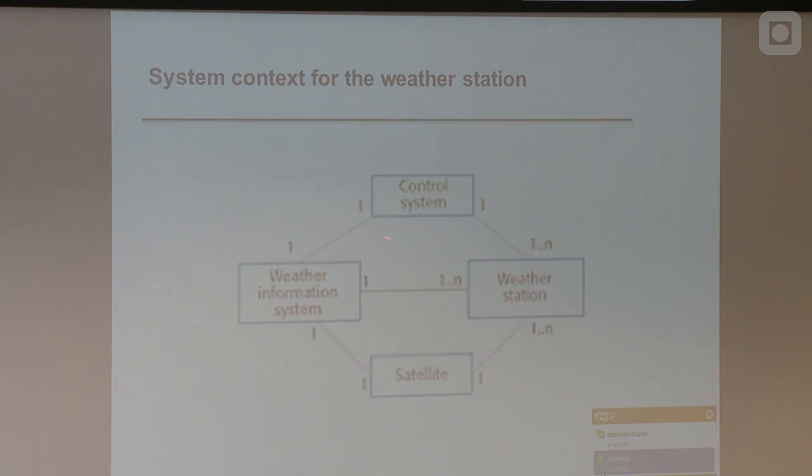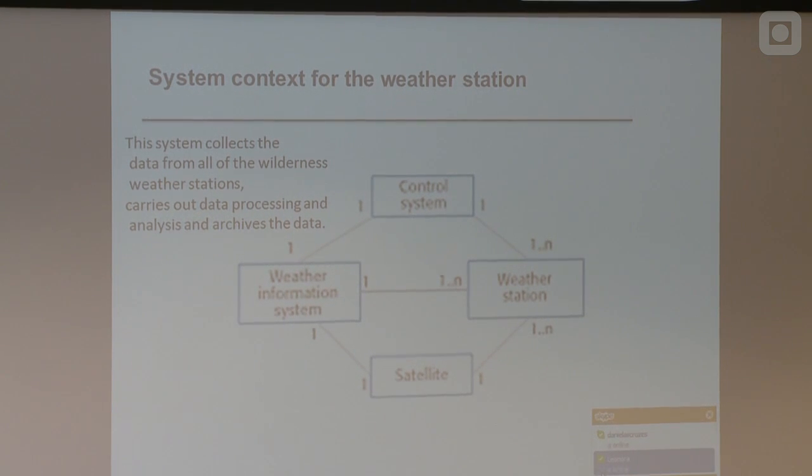There is a control system, and there is a more general weather information system, which has the objective to collect the data from all these wilderness stations to carry out some data processing and to analyze and archive the data that comes from this weather station. So this is a diagrammatic description, a class diagram that shows the system context of the weather system that is the topic of our case study.